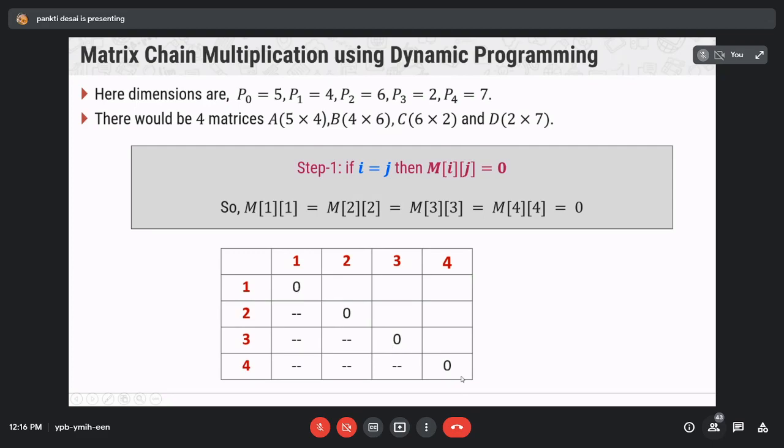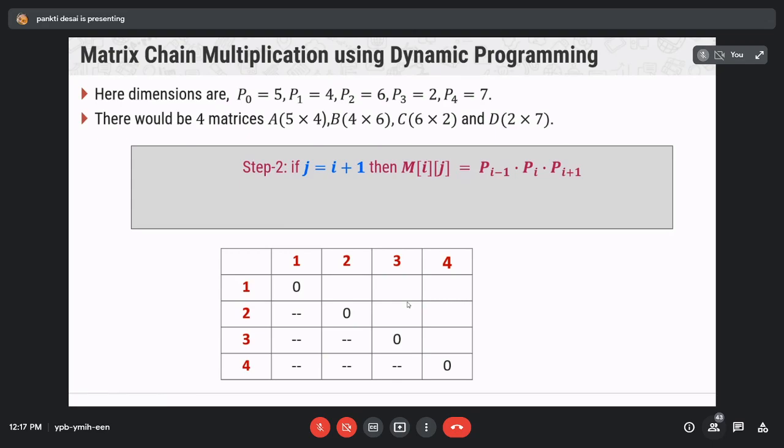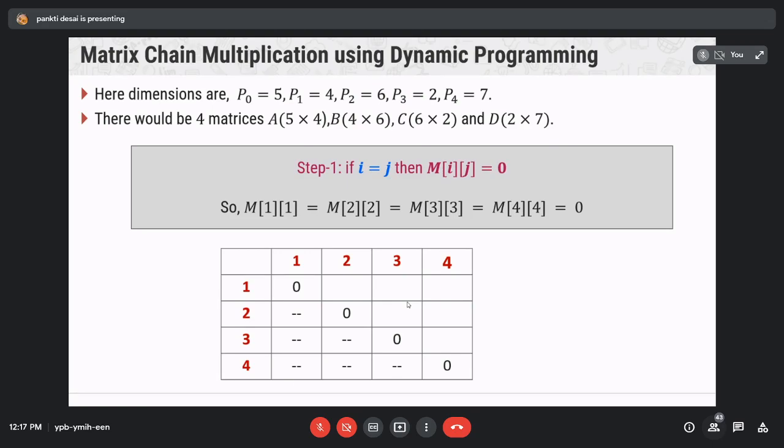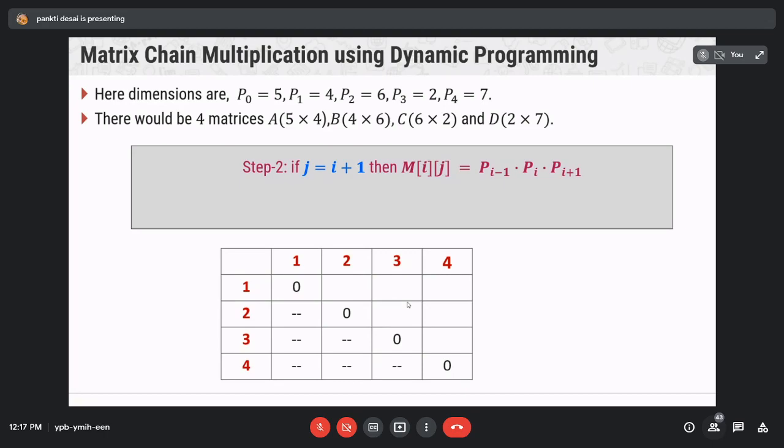Now in this matrix, where the value of I is greater than the value of J, we don't compute anything; compute the optimal cost for the remaining cells only. Next is if J is equal to I plus 1. So the first case is if I is equal to J, then put 0. The second case is if J is equal to I plus 1.